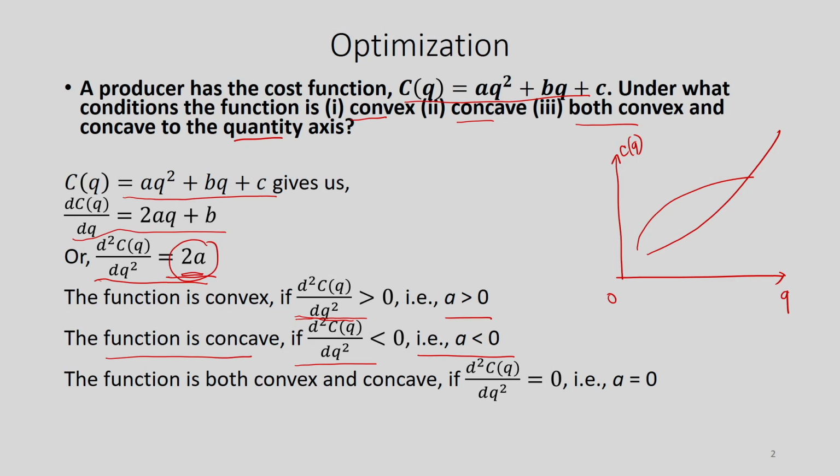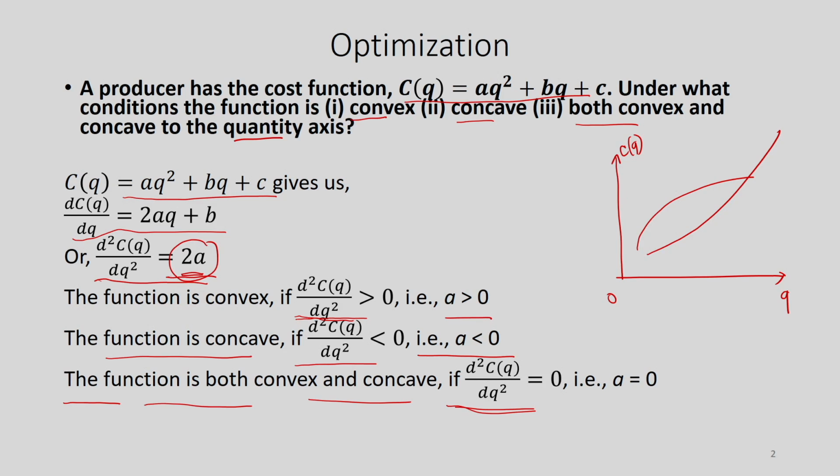The third part, both convex and concave. This is a bit tricky, but it is not actually a big deal, because a function is both convex and concave if the second derivative is equal to 0. In that case, it can be both convex and concave.